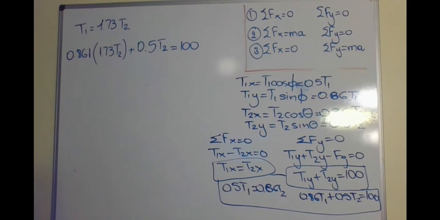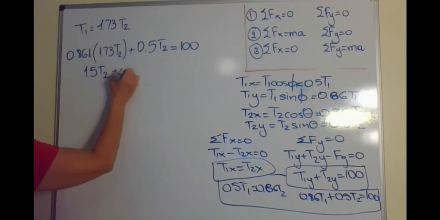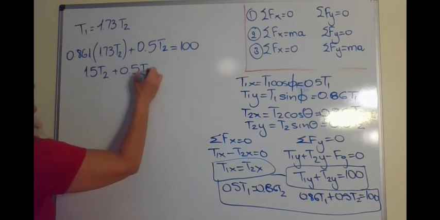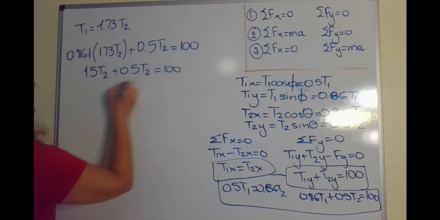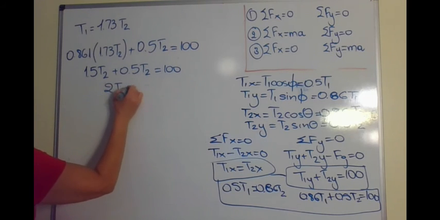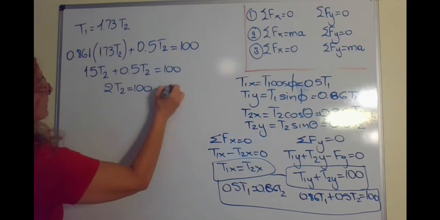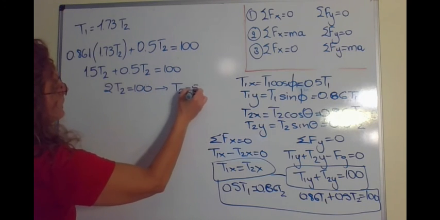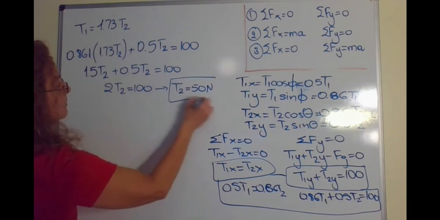So by multiplying these two, I will find that this is pretty much like 1.5 T2 plus half T2 equals 100, meaning that 2 T2 will be 100 and T2 will be 50 newtons.